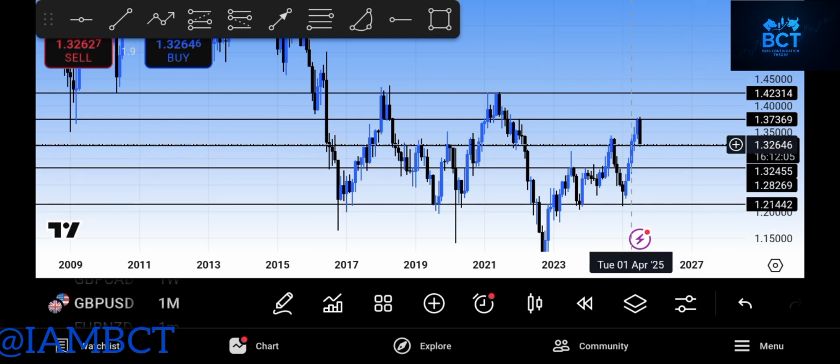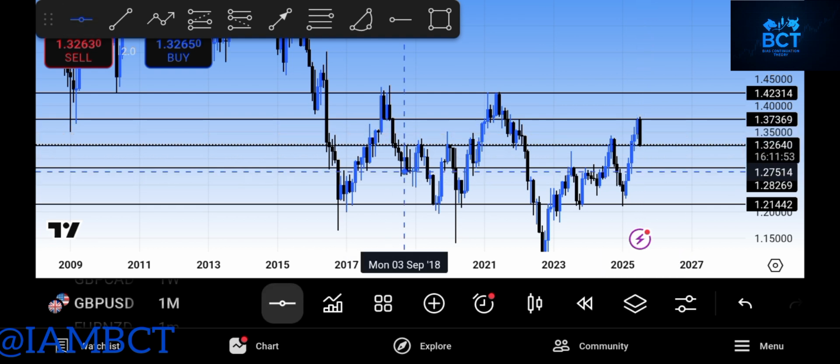So if the monthly candle closes like this, we should be expecting just a little bit of retracement back to this area right here, and then a drastic push. It might be a go for GBPUSD, but you can't be certain. That is why we are just intraday traders. You just trade what you see for the moment and allow the market to be.